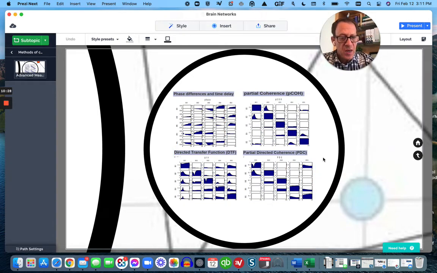Well, what is that? Partial directed coherence is the amount of directed coherence explained by the causal model. So again, it's like doing a multiple regression procedure and saying, what amount of the variance is explained by this portion of the model? So then we can determine which regions of the brain are causing activity in which other regions and have confidence that they are accurate and precise.